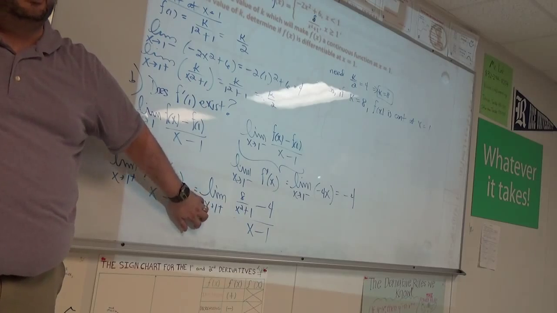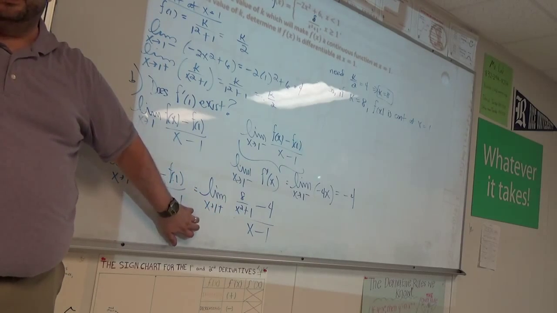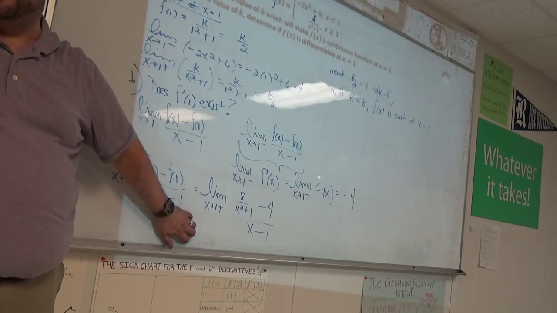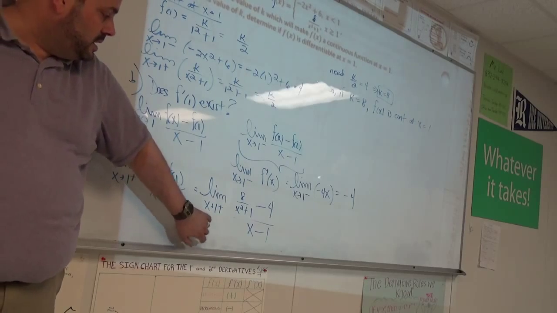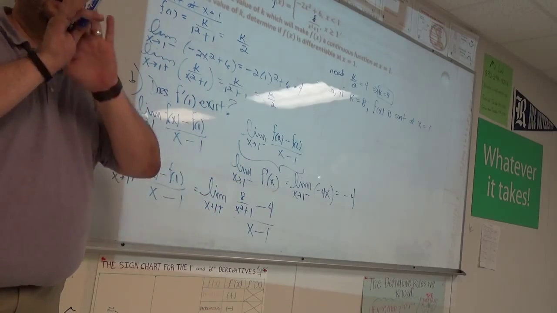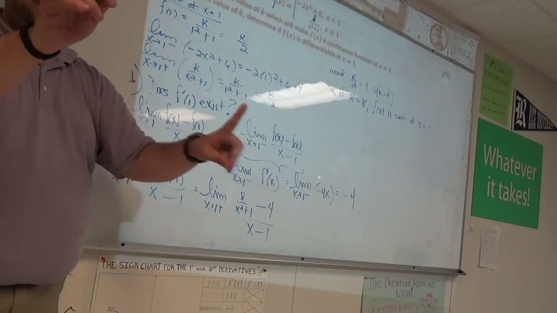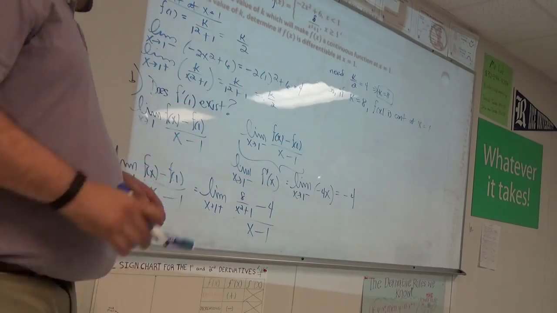Good news. If your limit skills are strong from unit 1, you know what to do. Sad news, if you're like, limits were not my friend, they're still showing up. So I want to give you guys a couple, because it's part of how this course works. So, for those of you that feel really good about finding this limit, go for it. Where are the folks that are going to go through this one with me? Okay, that's some folks, that's not everybody.